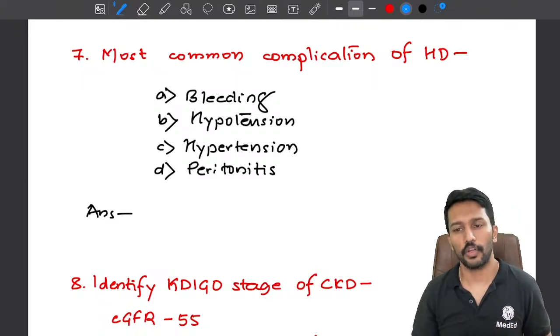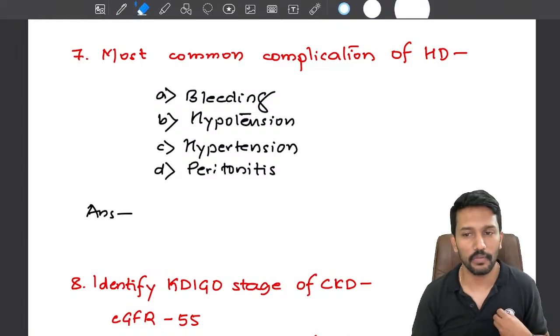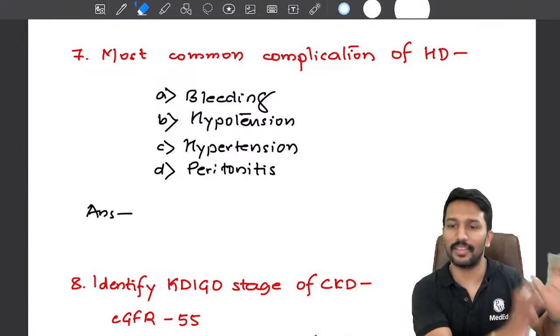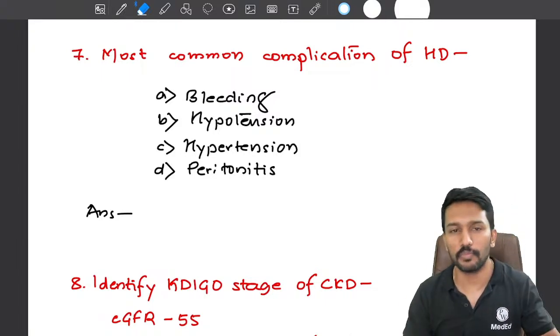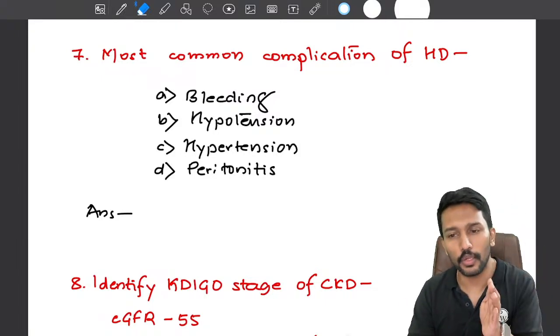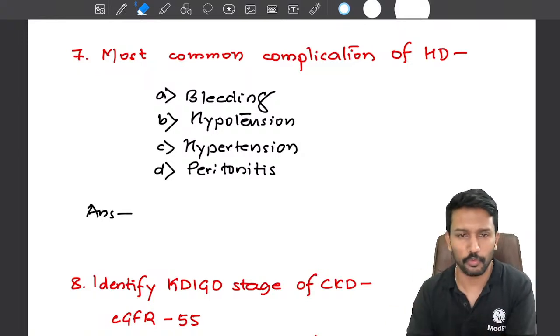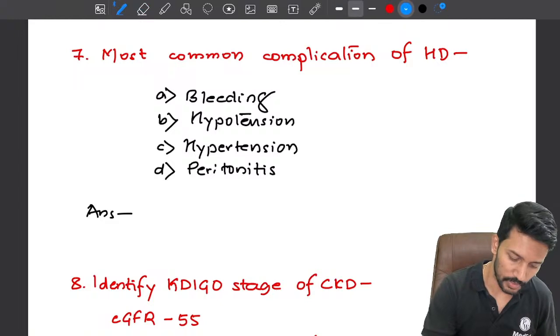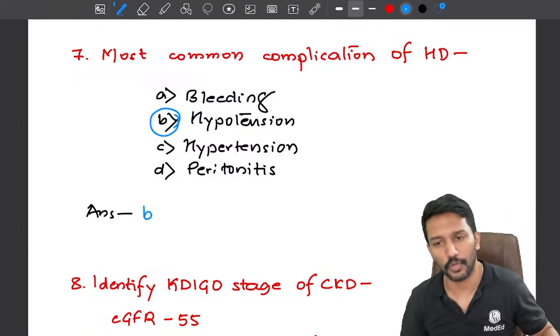Now at any given point of time, almost 500 to 800 ml of the patient's blood will be outside the patient's body, in the machine and in the circuit, and it is not in the patient's circulation. So effectively speaking, dialysis is inducing a short period of hypovolemia. And what complication can hypovolemia lead to? Obviously hypotension. So option B would be the answer for this question. Most common complication is hypotension.